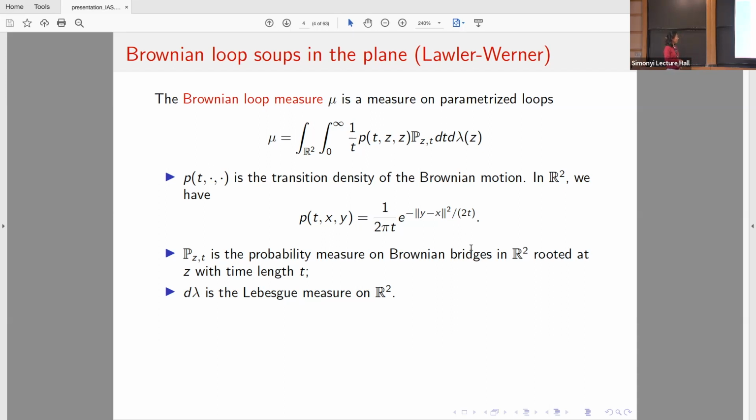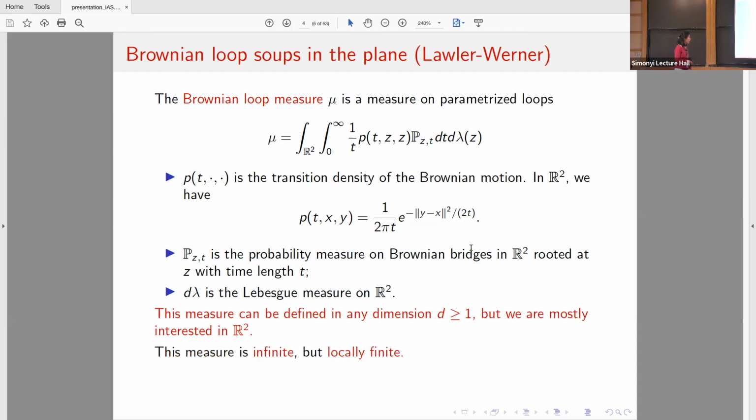With this definition, actually this measure can be defined in any dimension D, but we will be interested in dimension 2. You can also see that this measure has infinite total mass, because, for example, when T is very small, this integral explodes at T equal to 0.